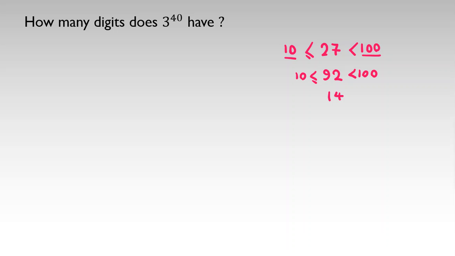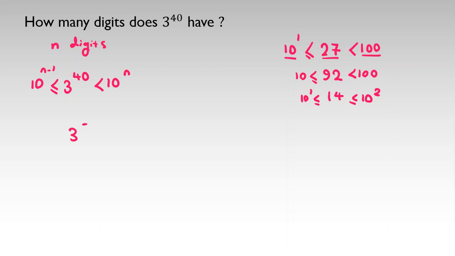So we look at 10 to the 1, 10 to the 2. If 3 to the 40 has n digits, it is greater than or equal to 10 to the n minus 1, and less than 10 to the n.